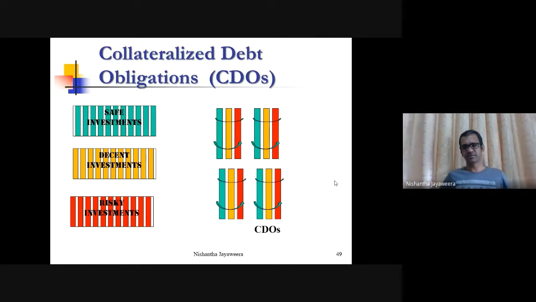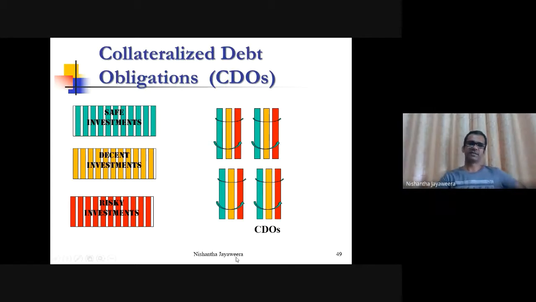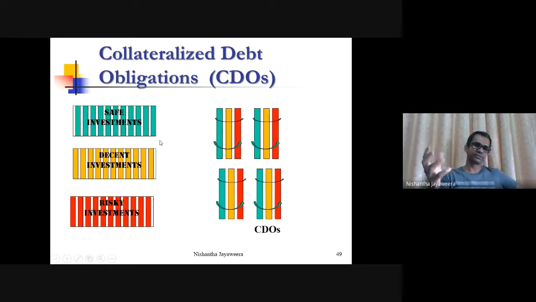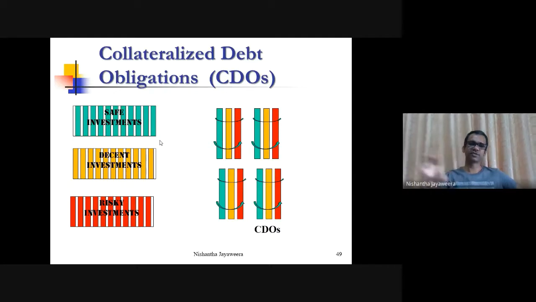Say the average interest or income of the pool is 10%. There may be 1.5%, 2%, depending on the market, for these things, and for the investors it may be 8% or 7%, something like that.